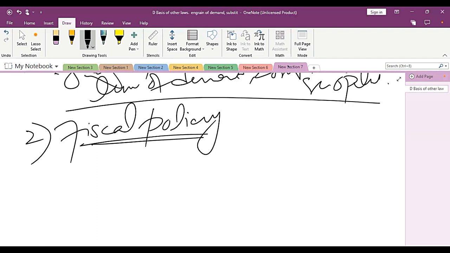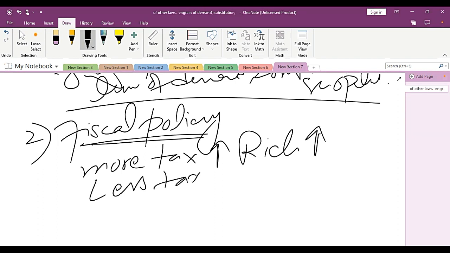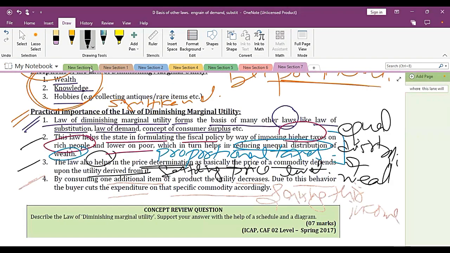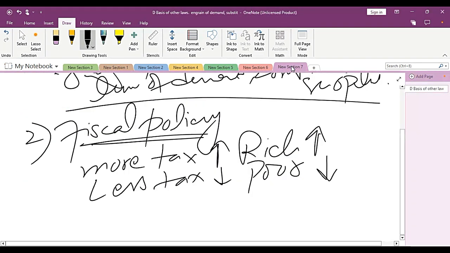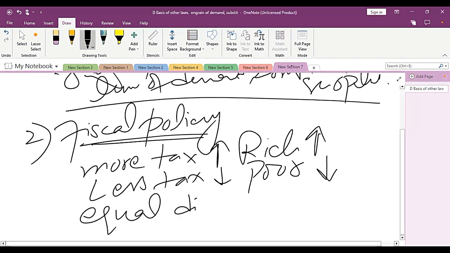This means more tax should be imposed on rich people and less tax should be imposed on the poor class of the economy, which helps in the equal distribution of wealth in the society.